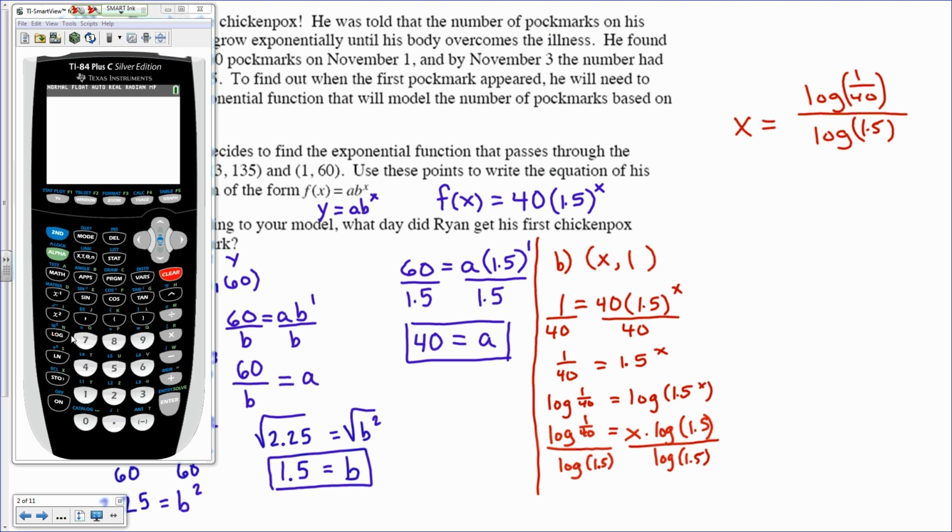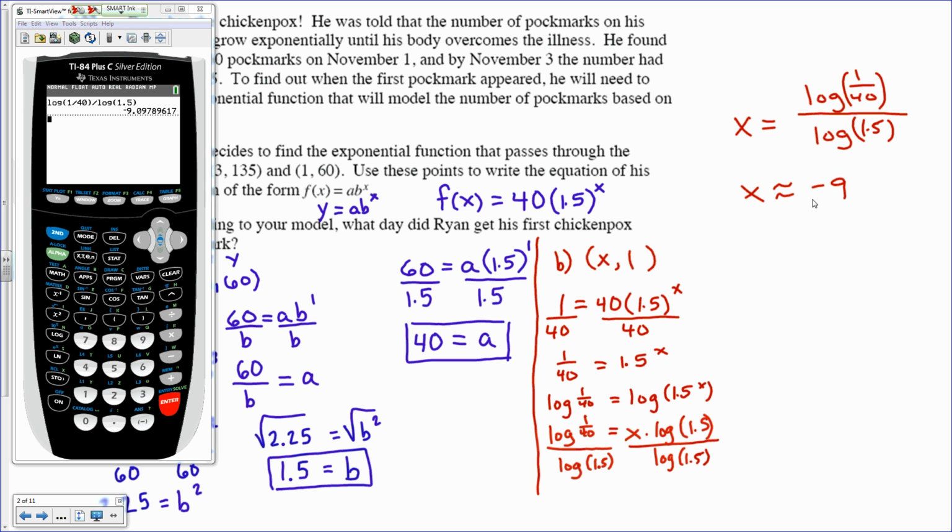So the log of 1 divided by 40, divided by the log of 1.5 gives us x is about -9. So x is approximately -9.